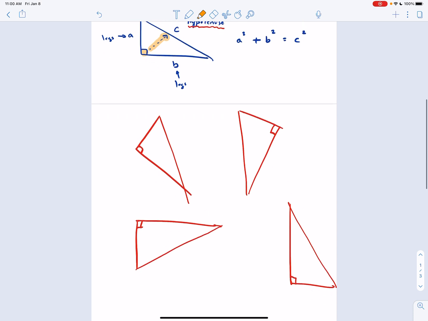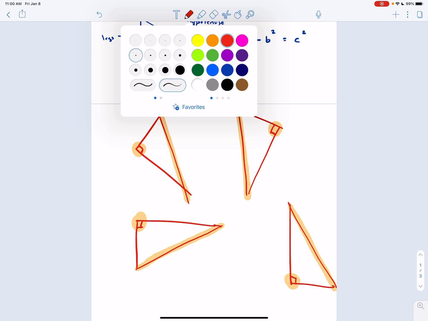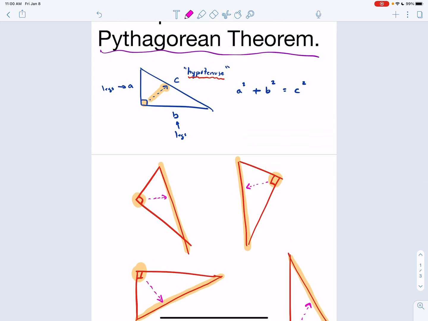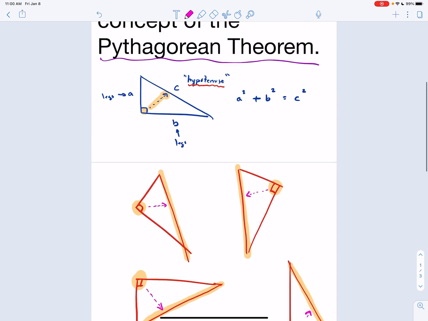But the hypotenuse, you should know. You look at the right angle, and the side opposite to it is always going to be the hypotenuse. That's something I want you to pick up right away. No matter how they rotate this triangle to confuse you, the hypotenuse is always opposite that right angle, okay?